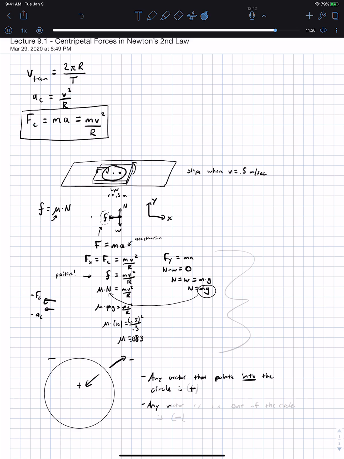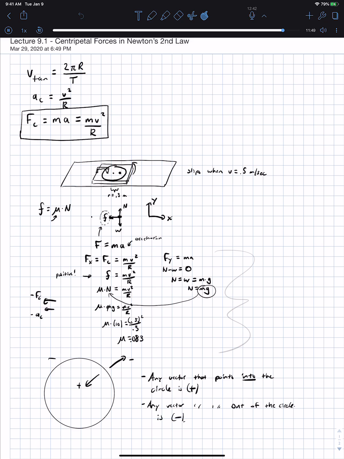Any vector that points out of the circle is negative.